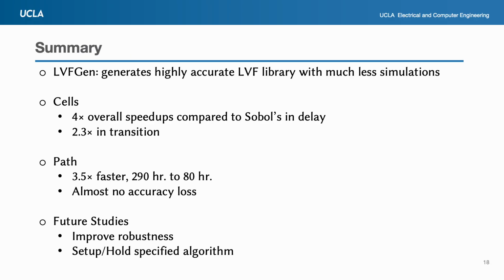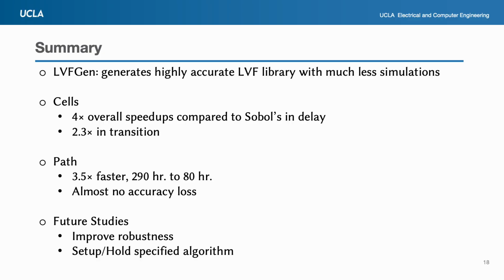Now, let me briefly go through the summary of this LVF gene. It can generate a highly accurate LVF library with much fewer simulations, and for the cell characterization, it can achieve 4 times overall speed up compared to the Sobol's in delay timing, and 2.3 times in transition.